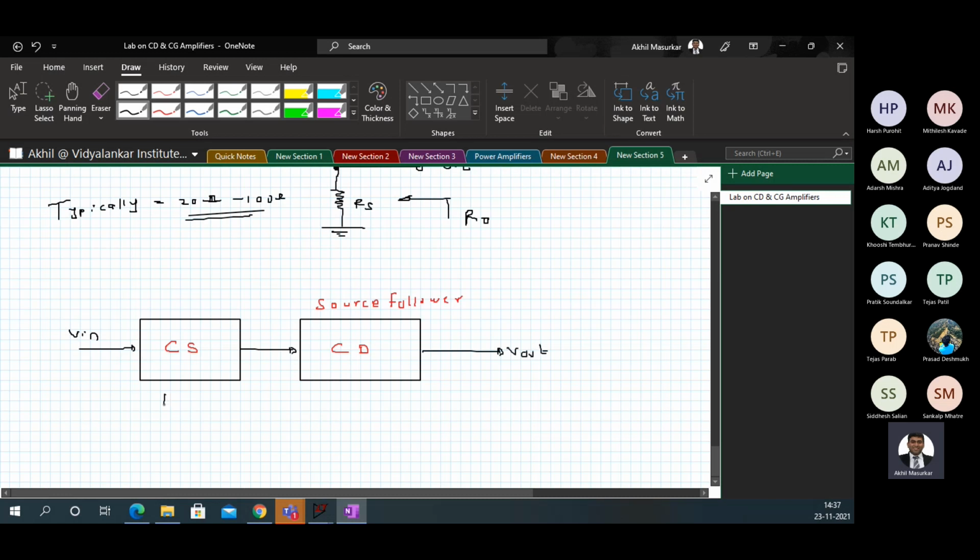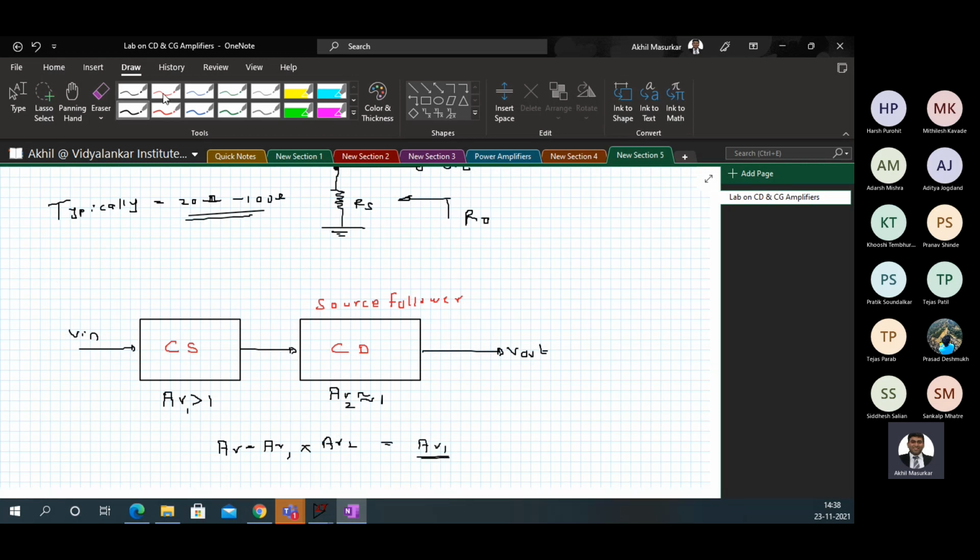So let's say here the gain is AV, which is greater than 1, and here AV is almost equal to 1, a common drain amplifier. So this is AV1 and AV2. The net gain AV is AV1 into AV2, so this gain is roughly equal to AV1 only, because AV2 is almost equal to 1.